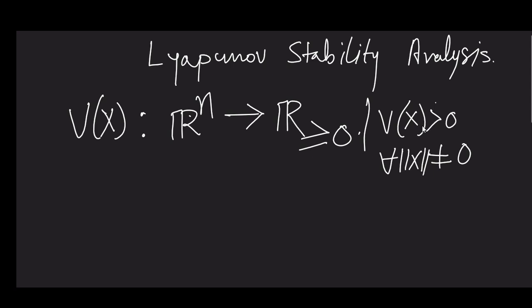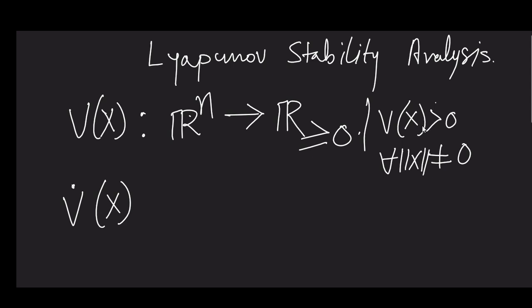Now, one question that should come to our mind is, can we figure out V dot x directly? Does V(x) exhibit a direct dependence on t?